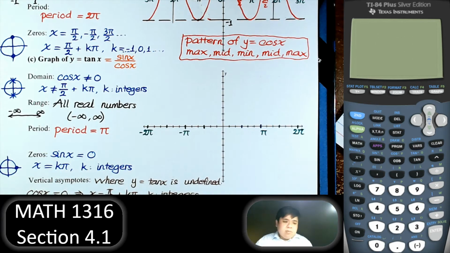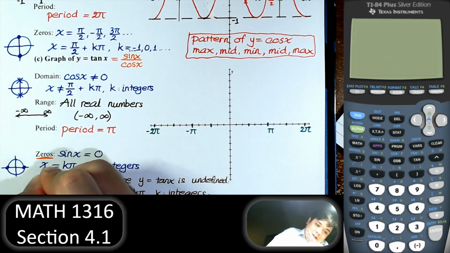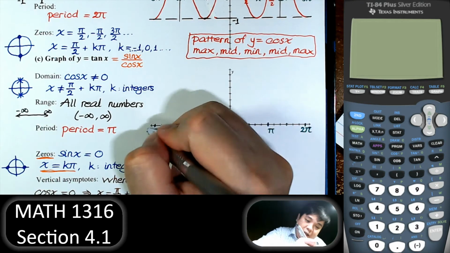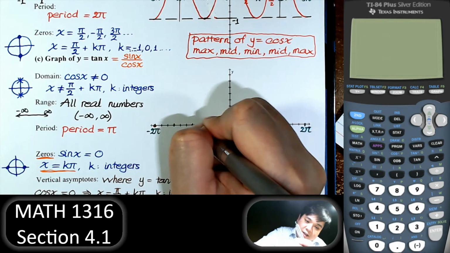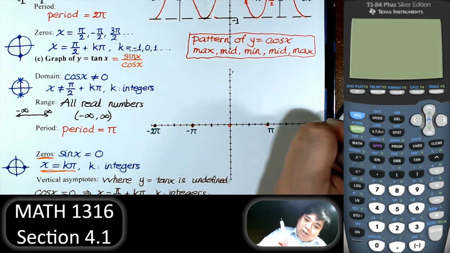Now, look at the zeros. Zeros is x equals k pi, meaning the function goes through these points.